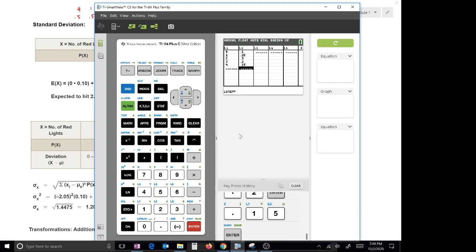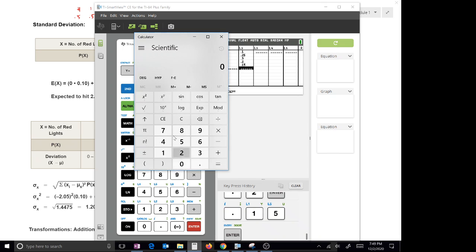Okay, and just to note that these should all add up to be equal to 1. So we'll do a separate calculation to show you 0.1 plus 0.25 plus 0.3 plus 0.15.